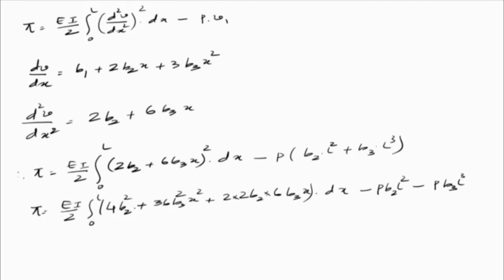Now in the next step, I need to integrate this with respect to x, then put the limit 0 to L. So pi is equal to EI divided by 2 outside.